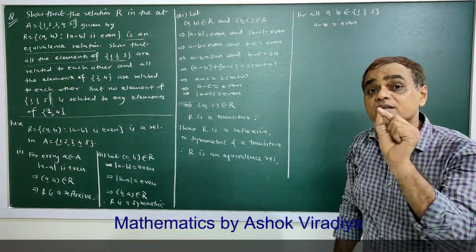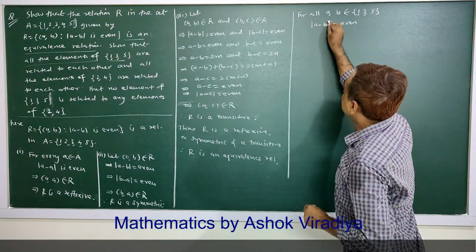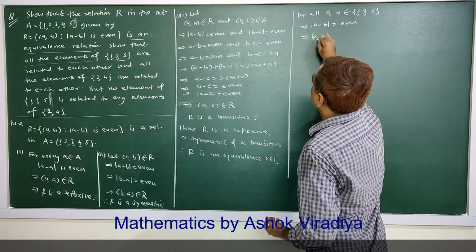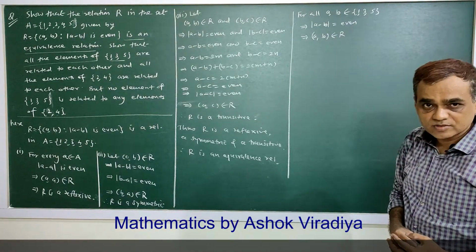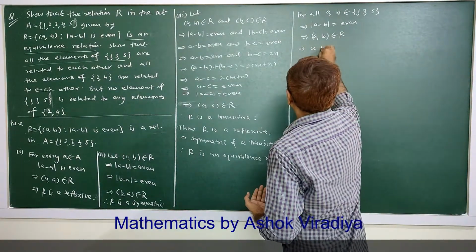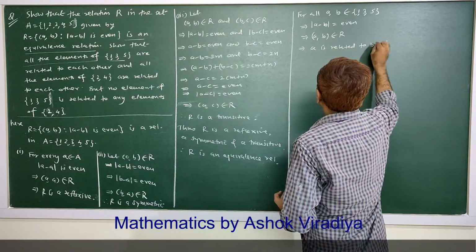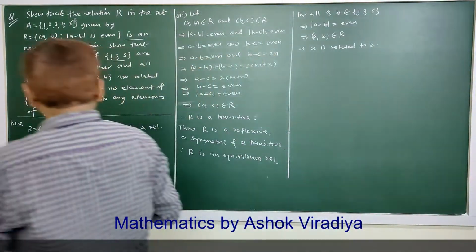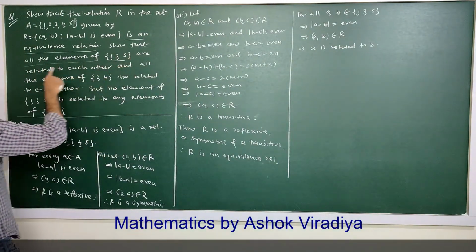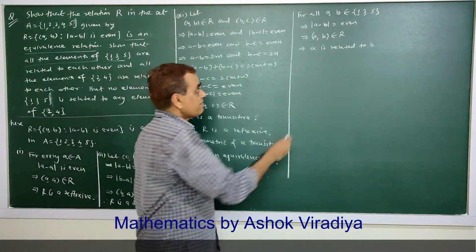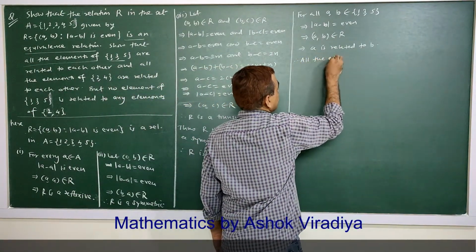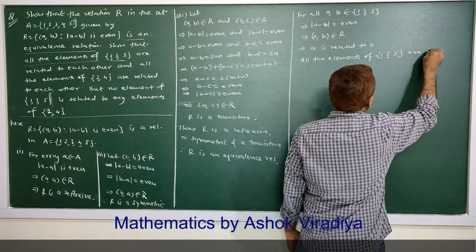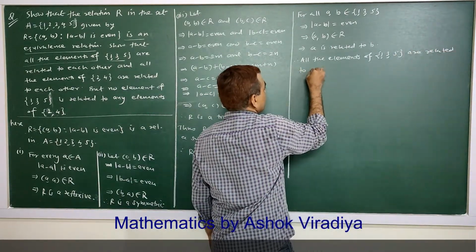Difference of two odd numbers is even, so their modulus value is also even. That means (a, b) belongs to R. So a is related to b, or we can say b is related to a. So what is proved? It is proved that all the elements of {1, 3, 5} are related to each other.